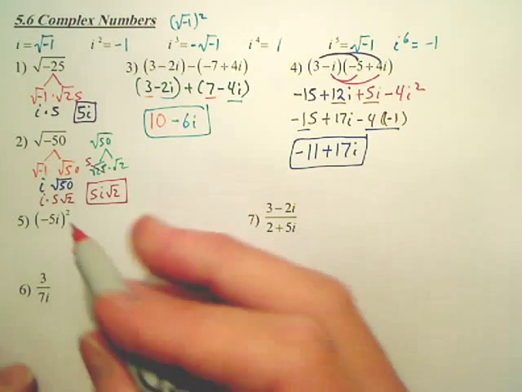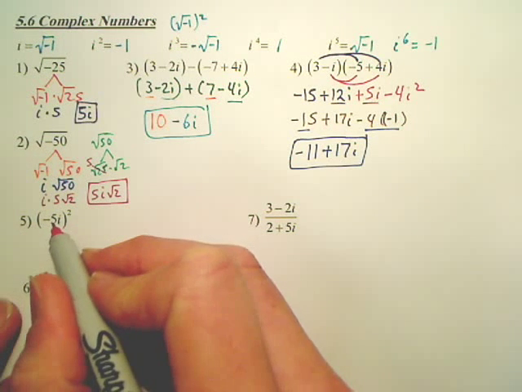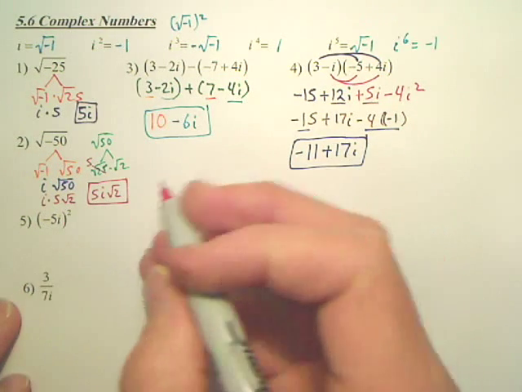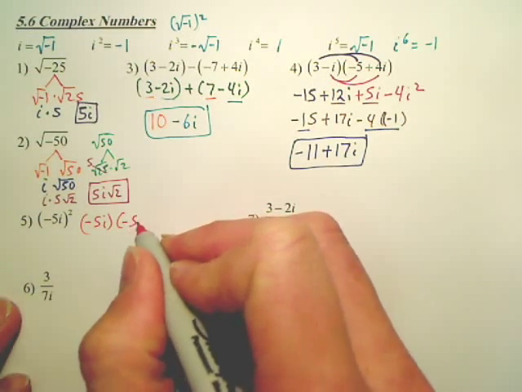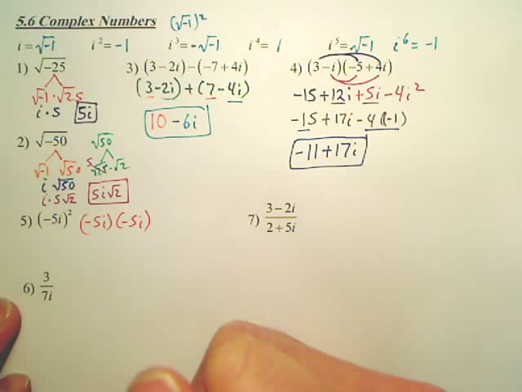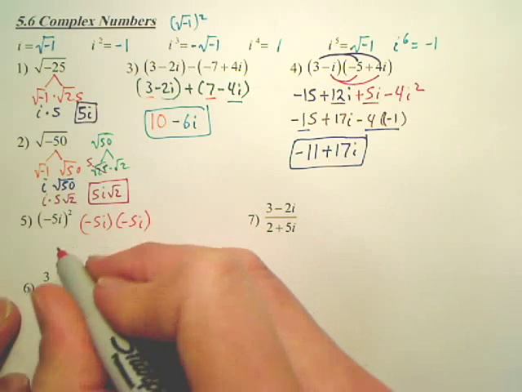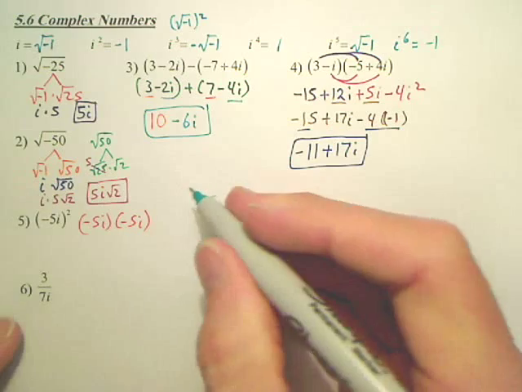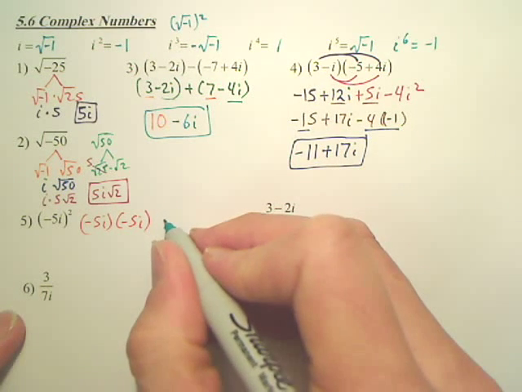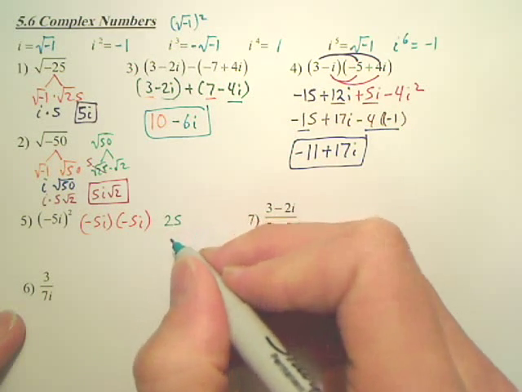Okay. Number 5. Well, -5i squared. Well, that just basically means -5i times -5i. So what's -5 times -5? Well, isn't -5 times -5 simply 25?